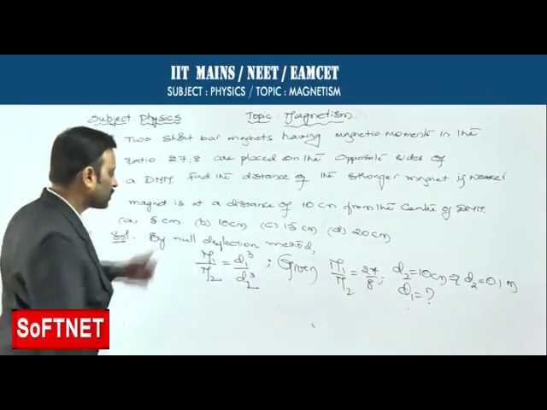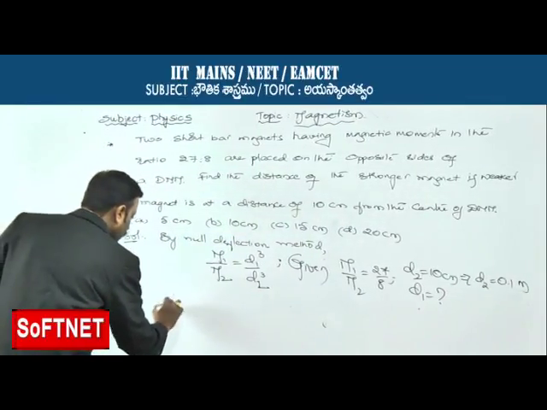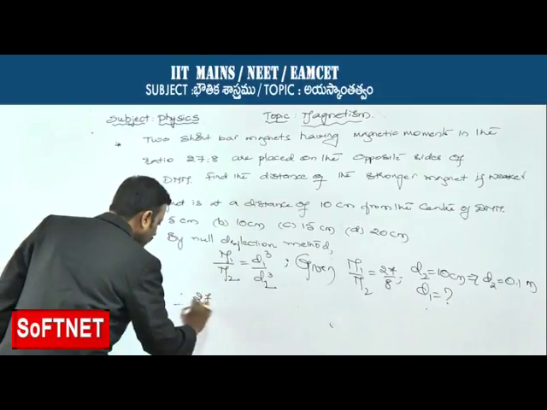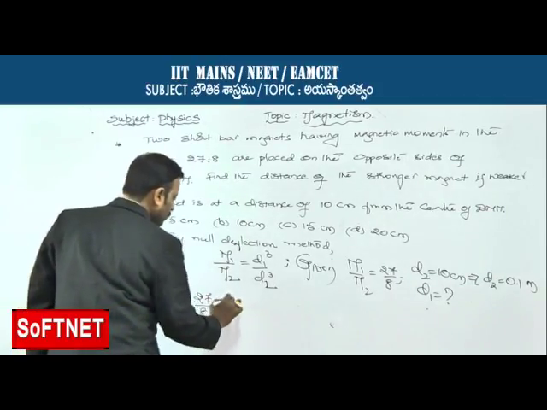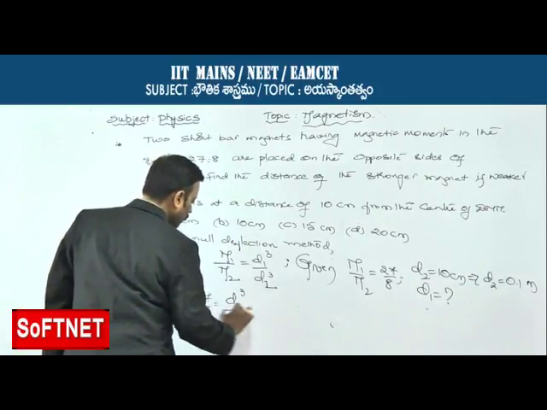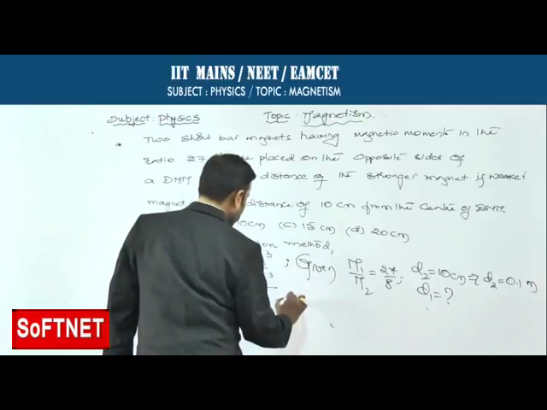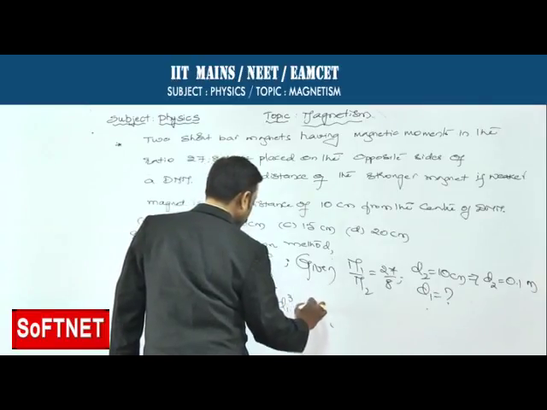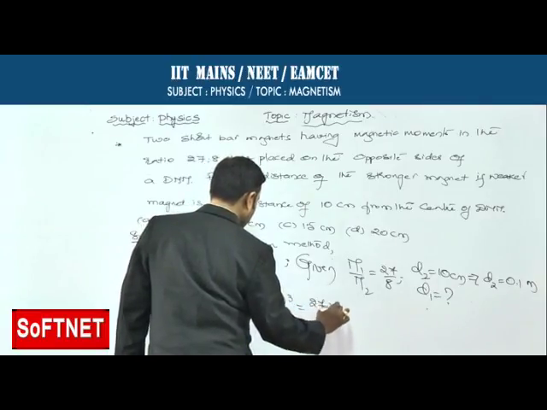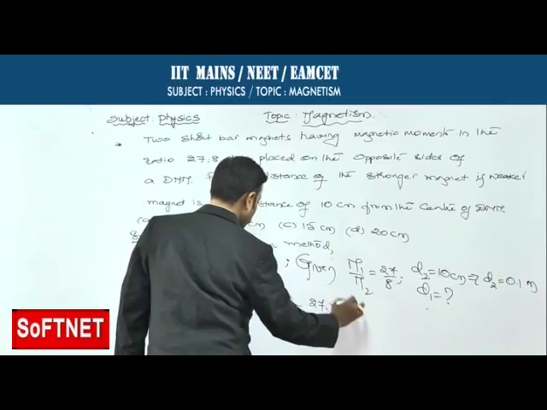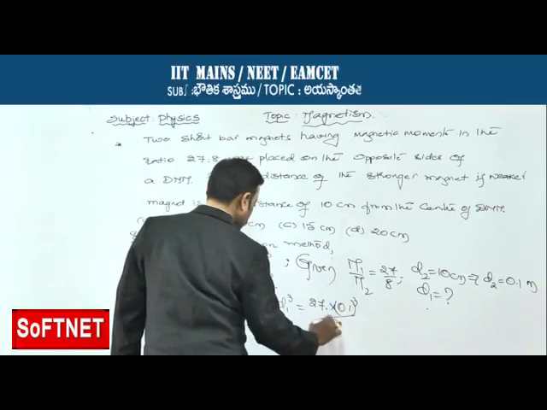Substitute that data in this relation. Therefore, 27:8 is equal to d1 cube by d2 cube. From this, d1 cube is equal to 27 into 0.1 whole cube by 8.